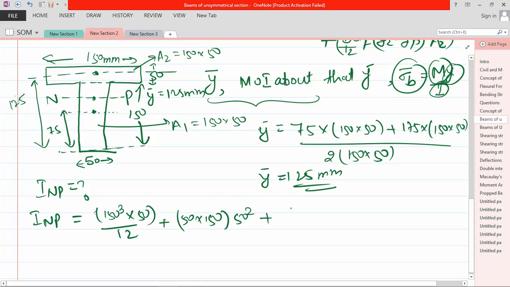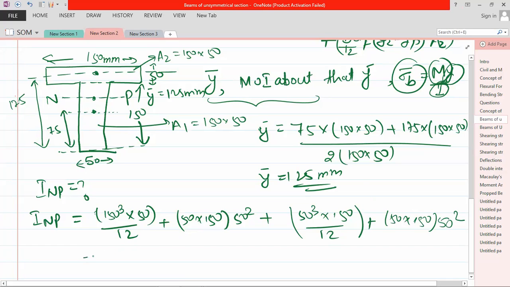The second one is 50 cube into 150 divided by 12, plus: this is 125 and this is 175, so the difference again is 50, so 50 into 150 into 50 square. I hope everyone is getting it.